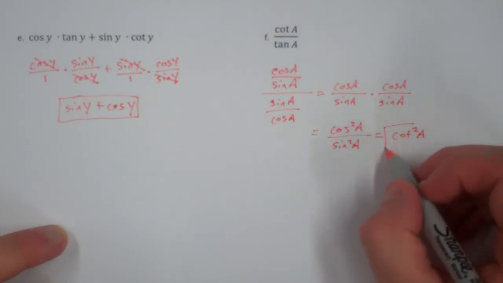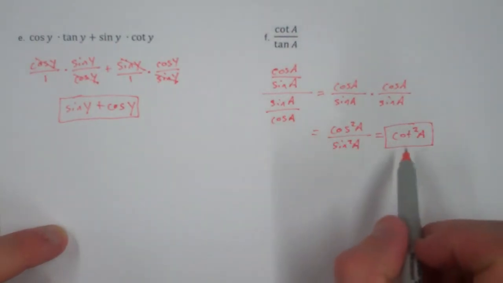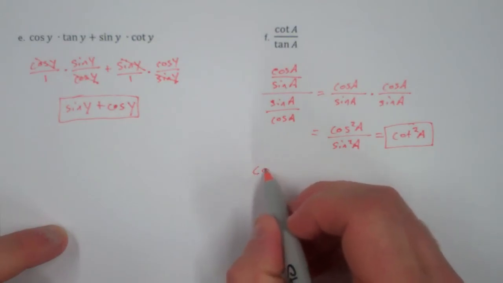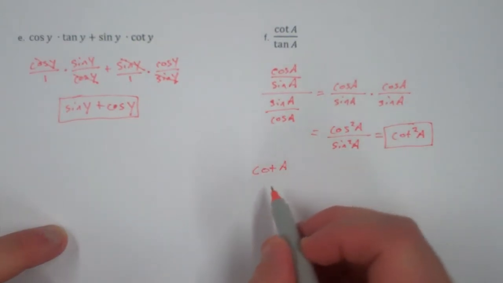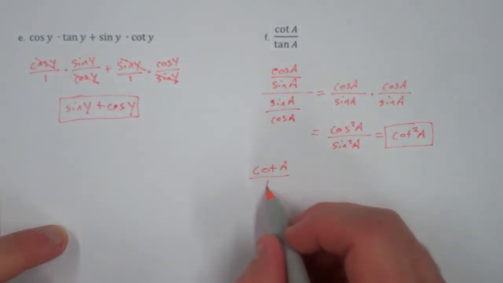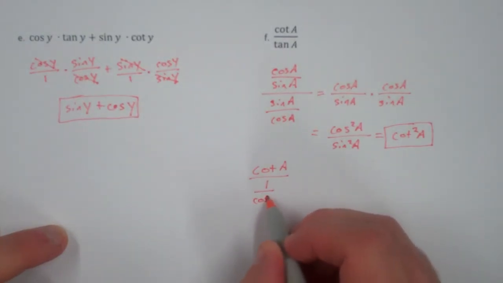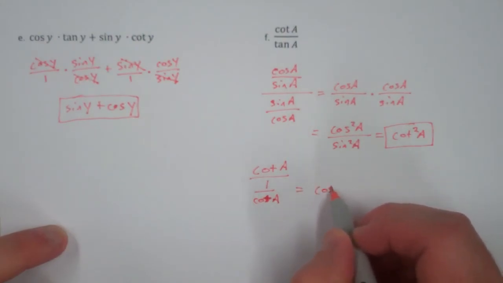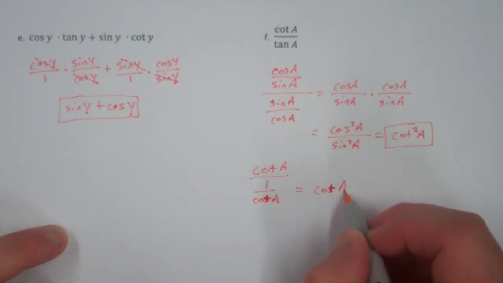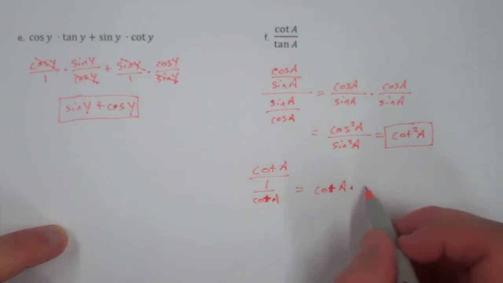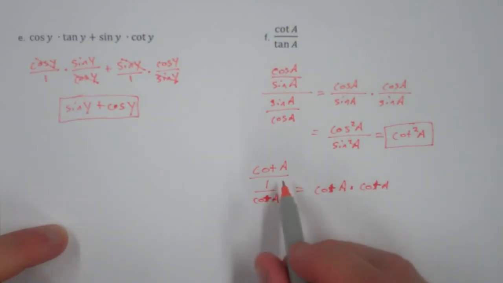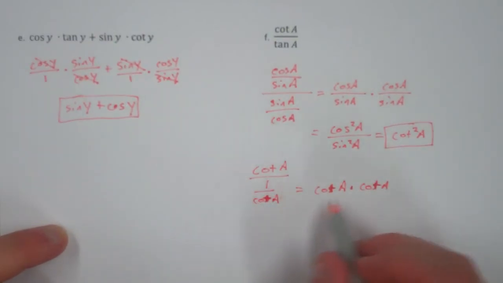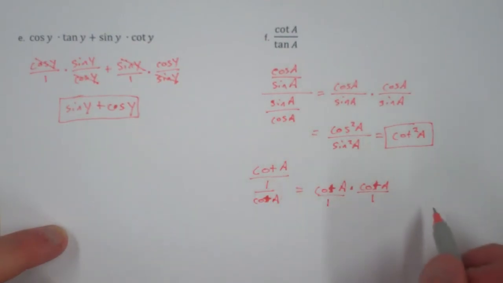Now that might seem a little bit weird, and you can actually take a look at this in a different way as well. So there's lots of different ways to simplify these usually. Let me change the tangent into its reciprocal, which is the cotangent. Now we're going to take the numerator, the cotangent, and multiply it by the reciprocal of the denominator, which is the cotangent over 1.